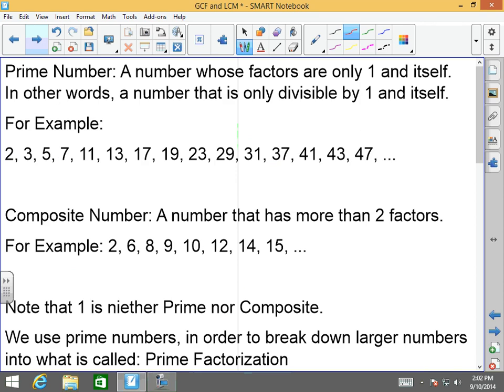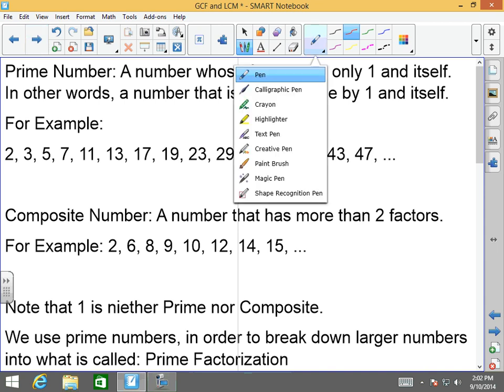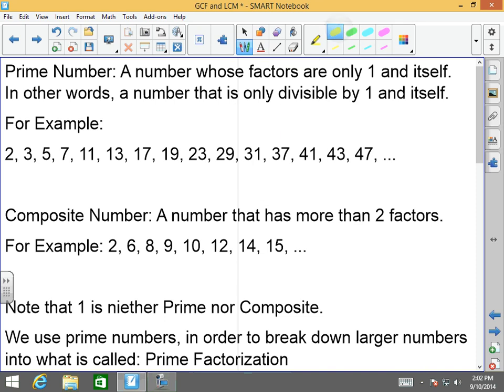Okay. Now, we're going to have to learn about prime numbers and composite numbers. A prime number is very important. A prime number is a number whose factors are only 1 and itself.